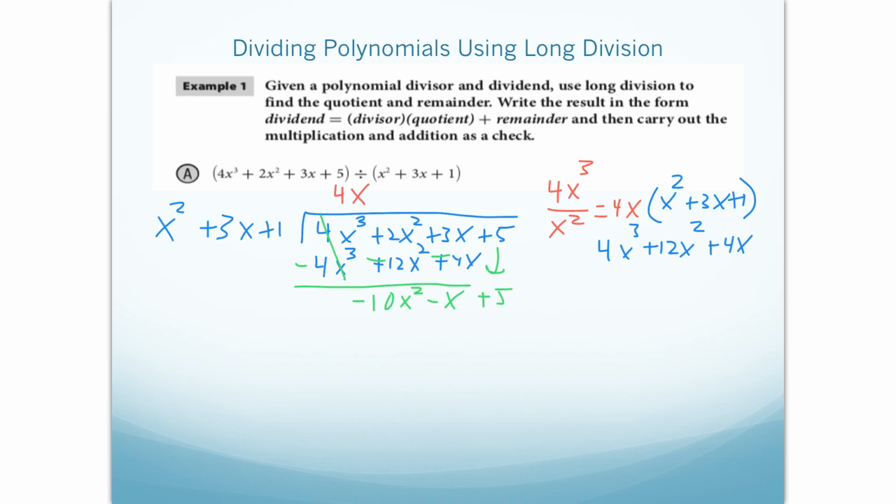Now we're going to repeat the process. We're going to take the first term and divide it by the first term. So negative 10x squared divided by x squared is negative 10. And then we're going to multiply negative 10 times what we're dividing out.